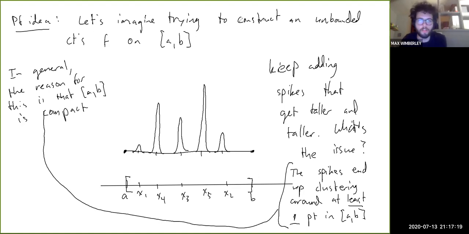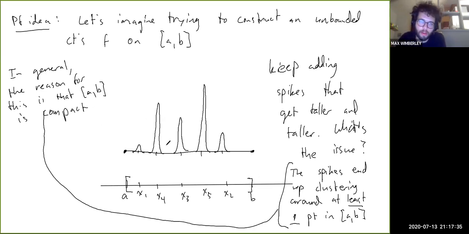There's an analog of this theorem when f is just defined on a compact subset of any metric space, and then you can show that it has to be bounded if it's continuous, and it's just the compactness that gives you that.